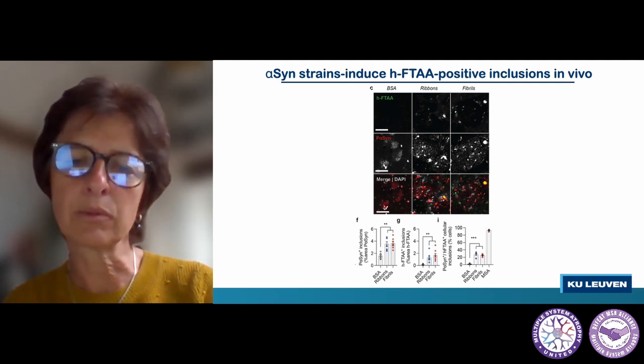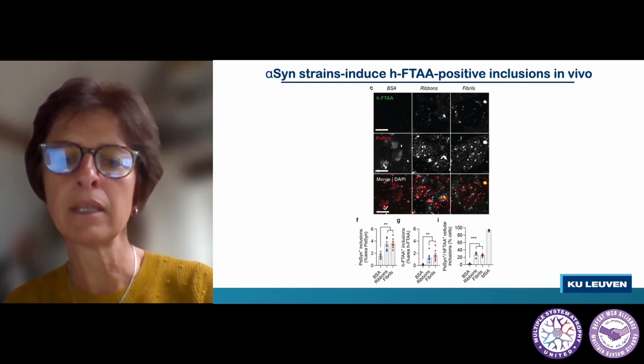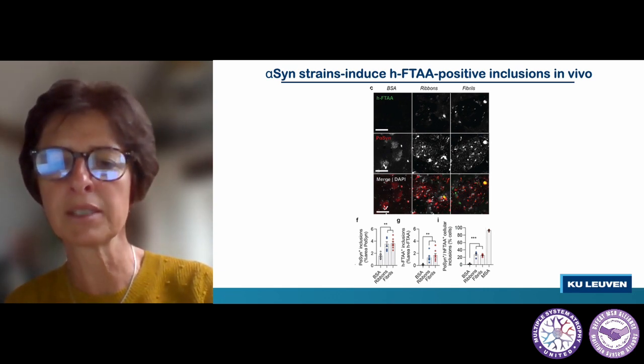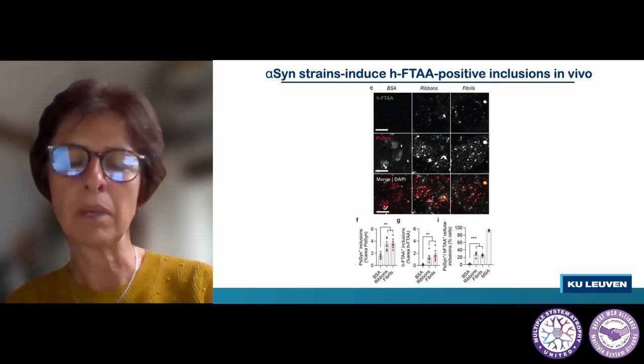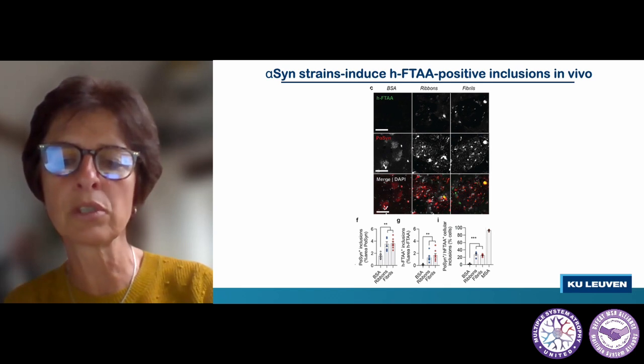This is the quantification of the number of phospho-alpha-synuclein and LCO probe positive cells. You see that it's clearly present in these animal models, in the ribbons and the fibril condition. It's about half or double stained, so it's not all the inclusions that are stained.